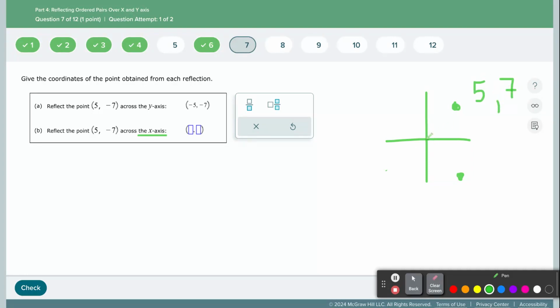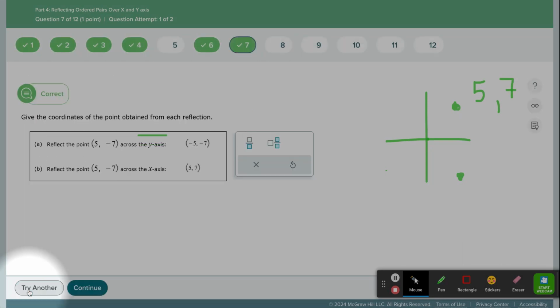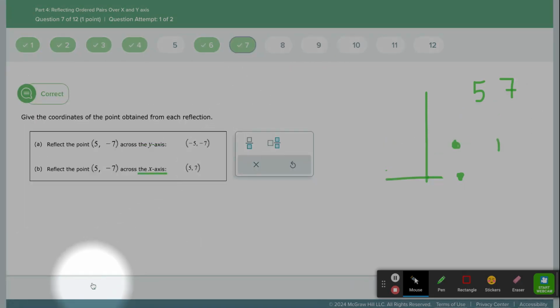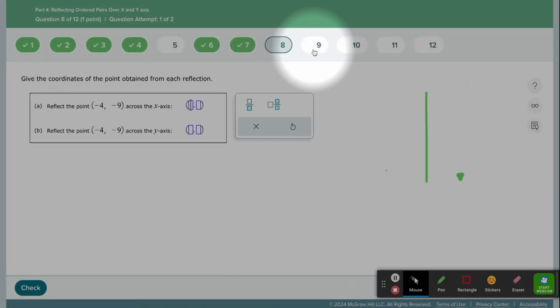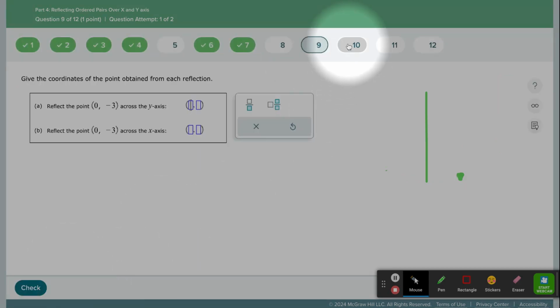And think about it. If you're here, you have to go forward and up, which is a positive movement. So I know that I still have a 5 and it's positive, and I still have a 7 and that's positive. Cool. I'm not going to keep doing these. I think you should be able to use the same problems to practice, okay?